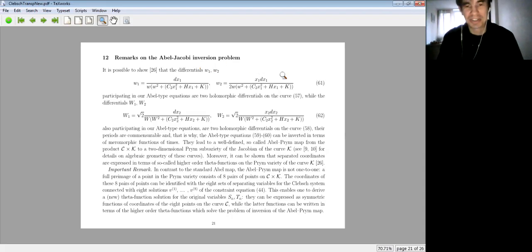So in the result, we pass this ambiguity, and we connect one point in the prime variety with times T1, T2 with one point in the initial phase space with the coordinates S alpha, T beta.